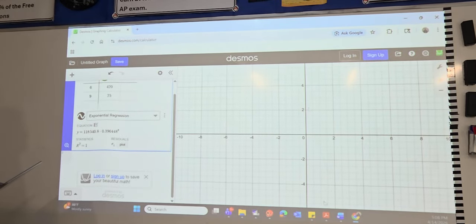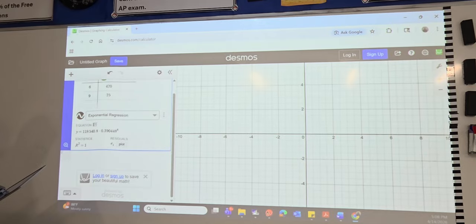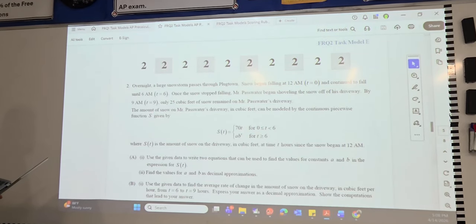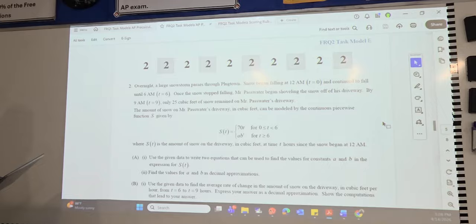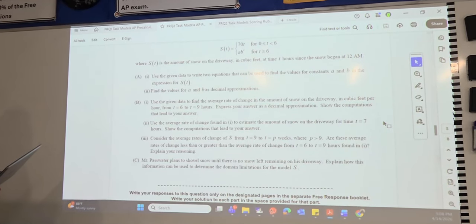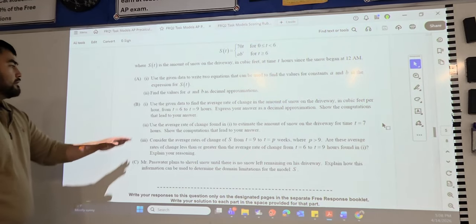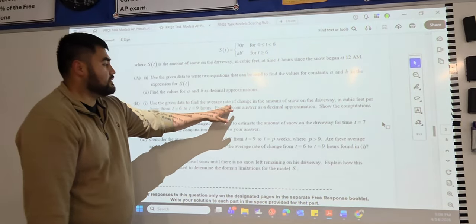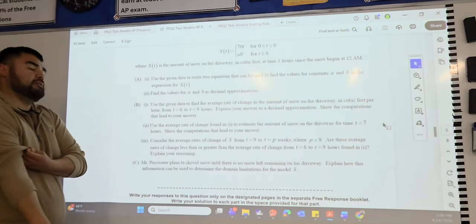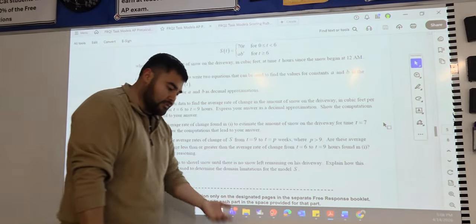So let's go on to part B. Let me scroll down. Part B is asking to use the given data to find the average rate of change. Just so you can note, part B is always going to be linear.